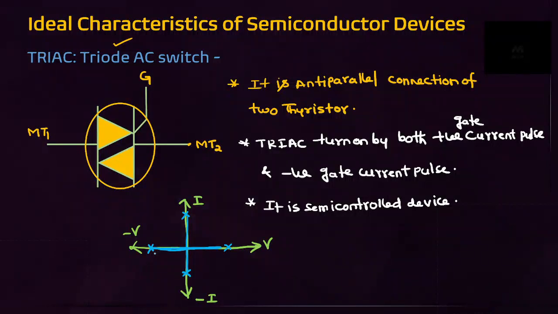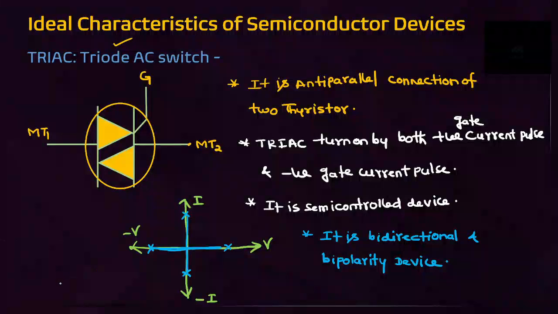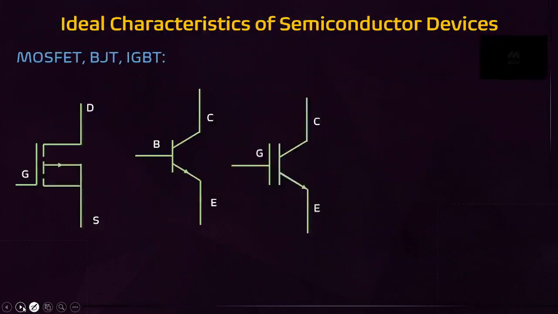That's why triac is the example of a bidirectional bipolarity device. It conducts in both directions and blocks both polarities. This is about the triac you have to remember.